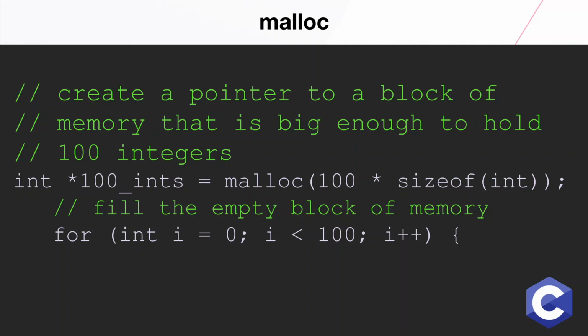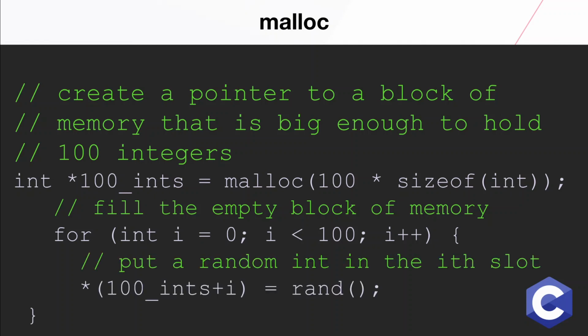Again, we know exactly how many integers we're going to put here. We're going to have 100, so I could loop from 0 to 100, and then create a random integer every time, and you'll see we're using our pointer arithmetic there to update what address we are referencing.